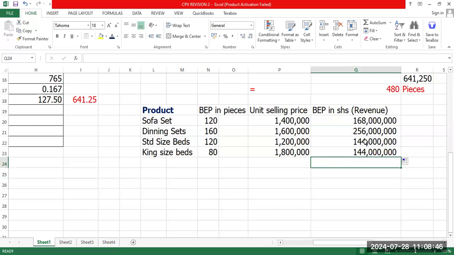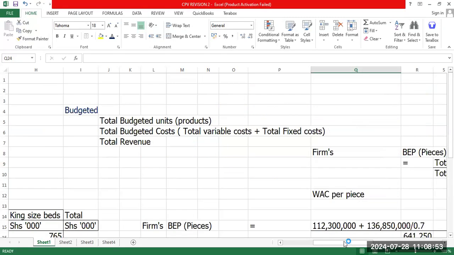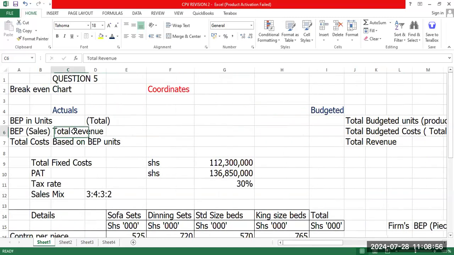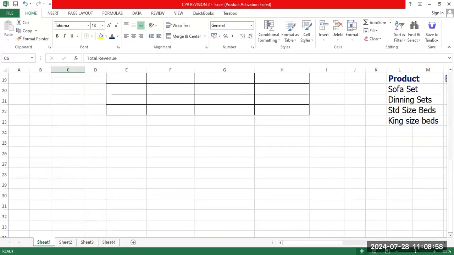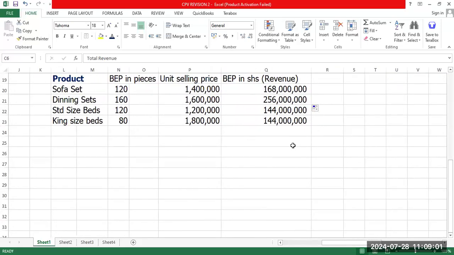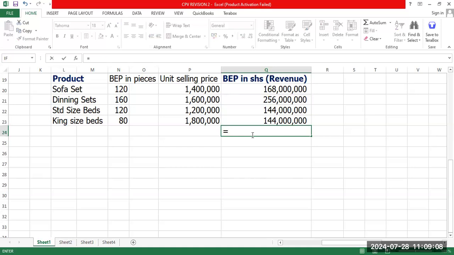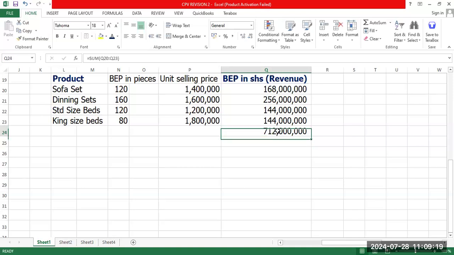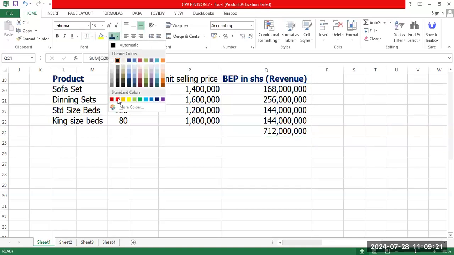When I use my workbook, I get that. Then what we need is the total. Remember on our chart, we just need the total revenue. So I will get the total by adding. You just add, and that is my figure.